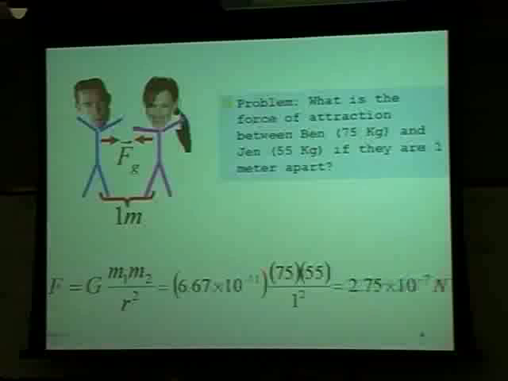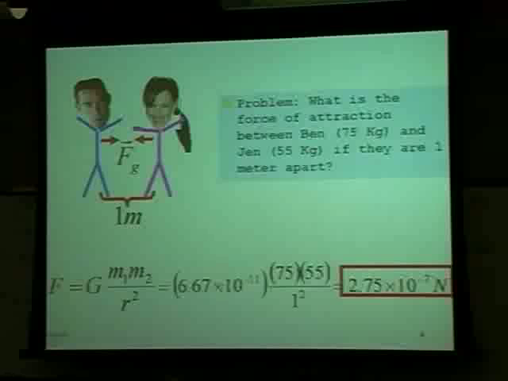So we find that force is 2.75 times 10 to the minus 7 newtons. Not enough for them to spontaneously collide, right? Because the air friction would be enough to kind of hold off that force, maybe.